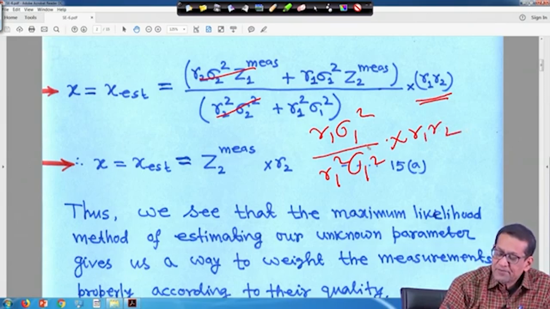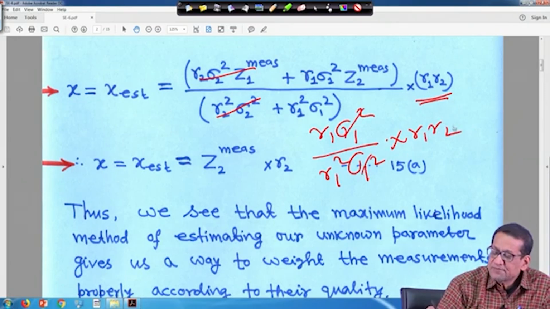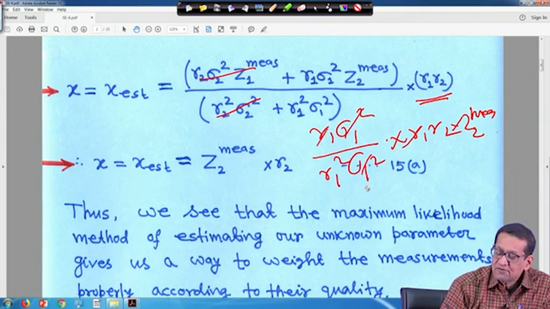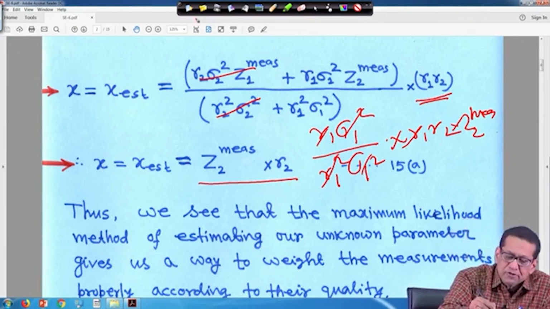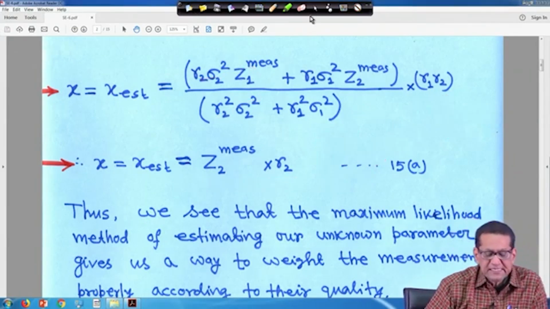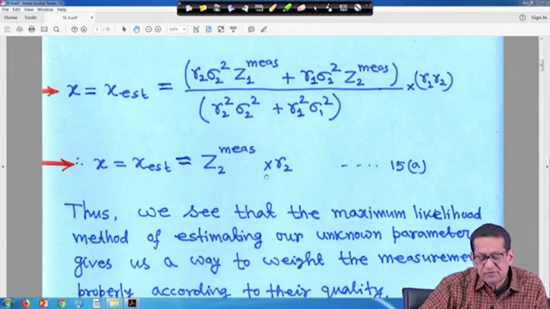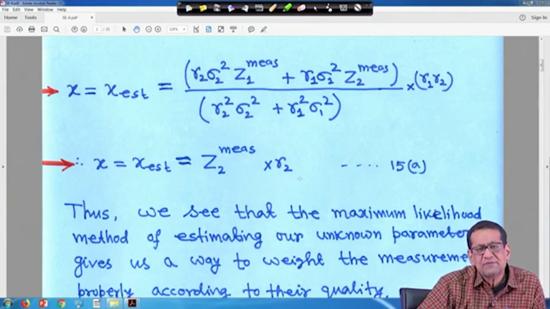In that case sigma1 square and z2 measure, and r1 and r1 square, this one will be cancelled, ultimately it will remain as z2 measure into r2, right. Therefore x equals x estimated, you will get z2 measure into r2, it is an assumption.